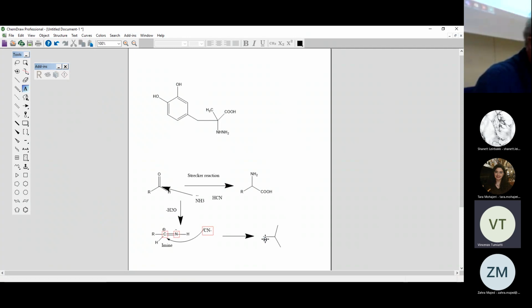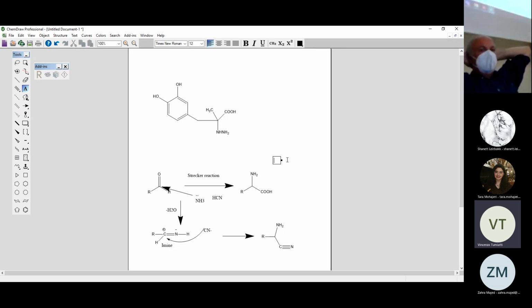We have our R here, we have NH2 here, and then we have C triple bond N. A nitrile group.